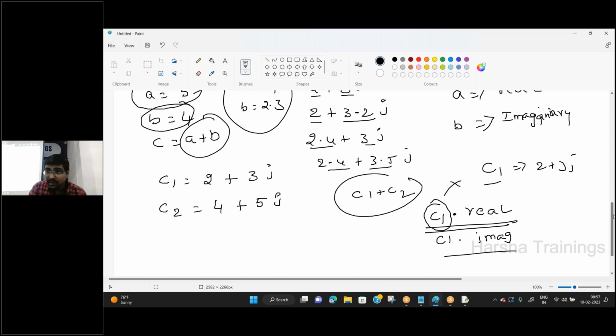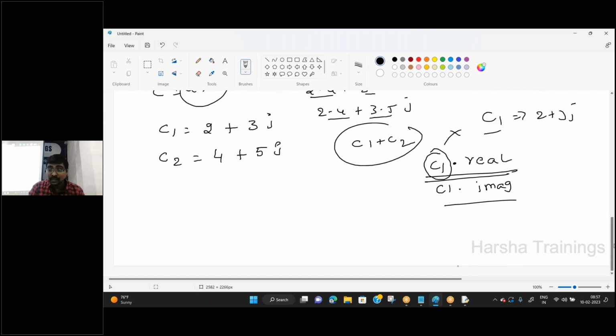Now, the very important point: suppose C1 is equal to 0.73 plus 3j. Is it possible or not? Is it possible or not? Possible. Why? Here I have given an integer number.